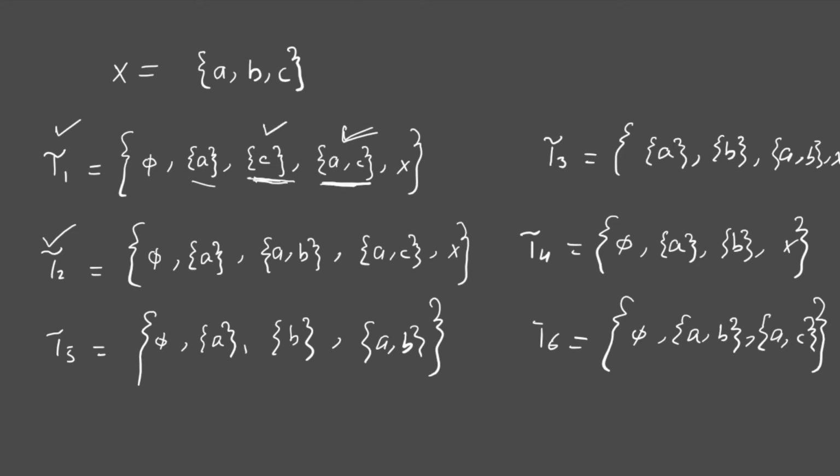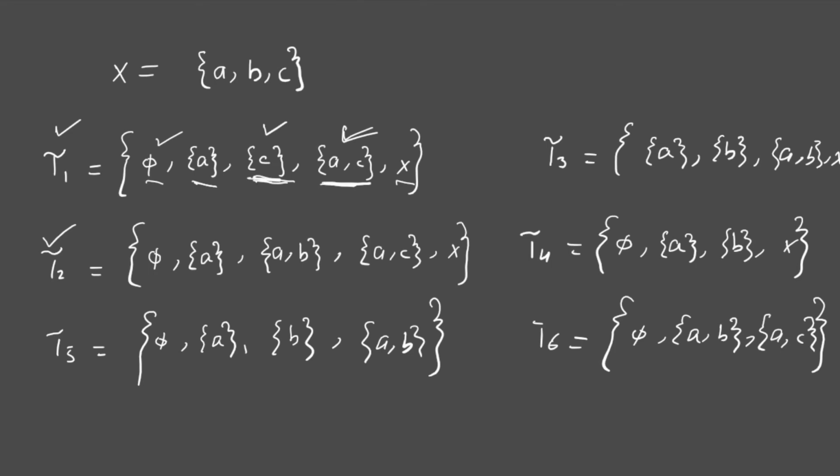If I take the intersection of A and C, our answer is empty, and empty already exists here. Also phi and X exist in tau 1, which means that tau 1 is a topology.